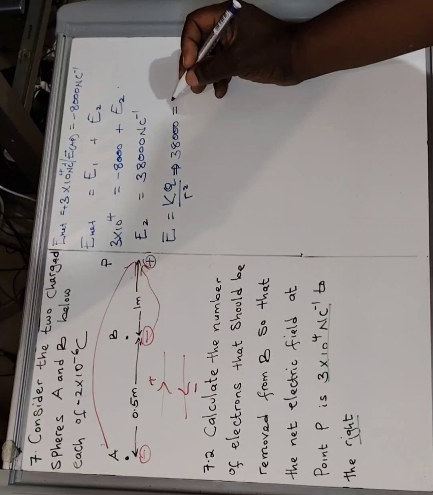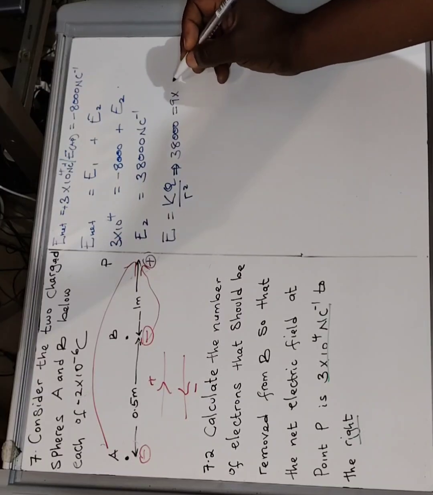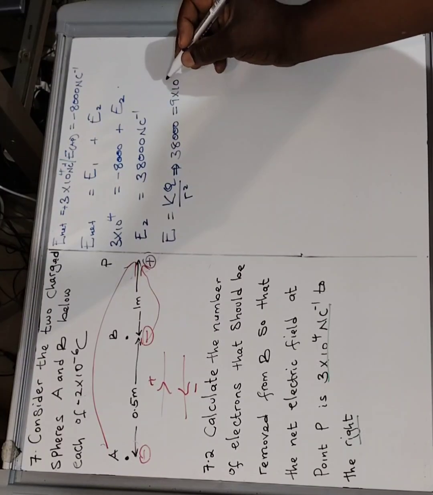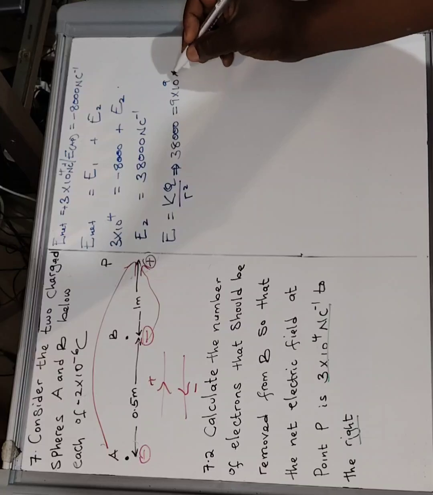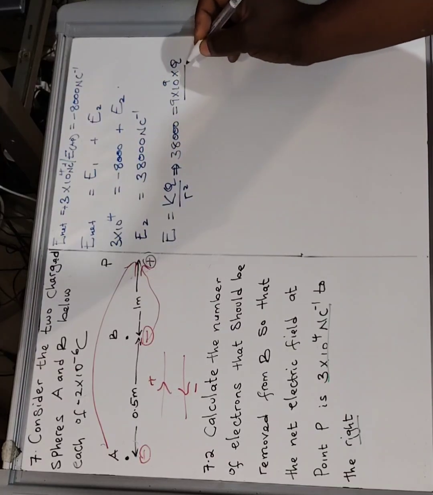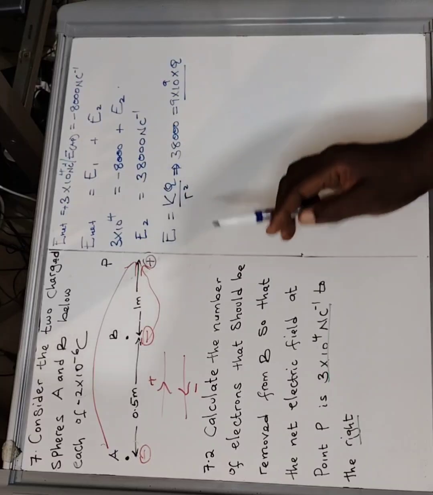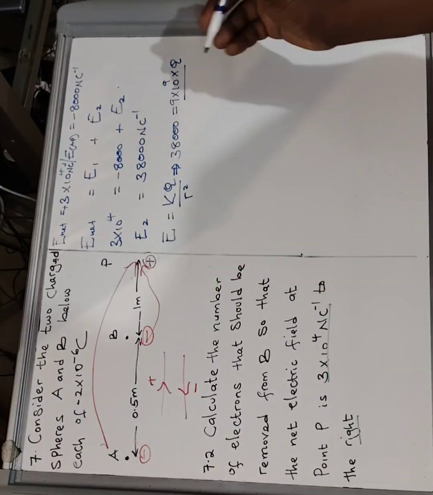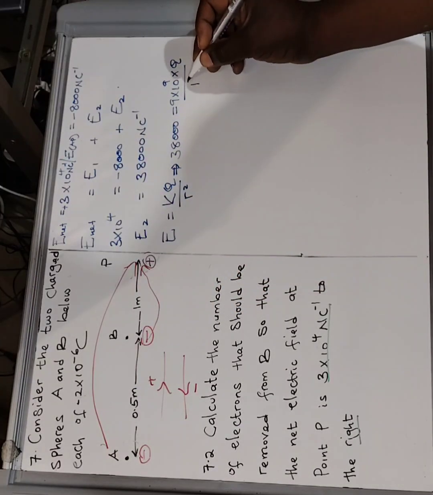Then K is 9 times 10 power 9, and Q is wanted, where the distance has not changed, so it remains 1 squared.